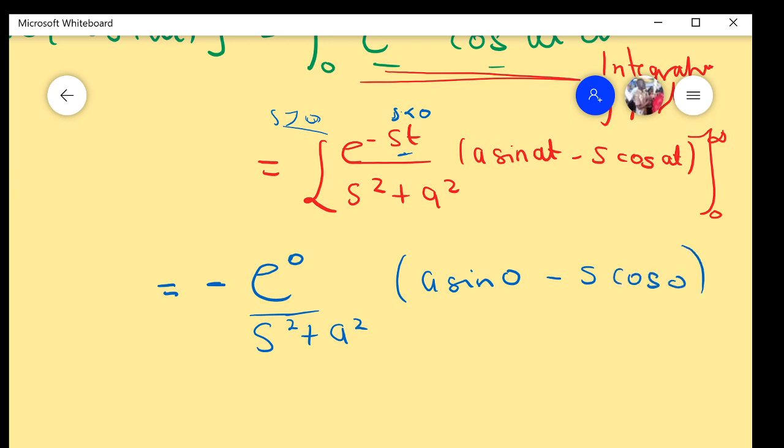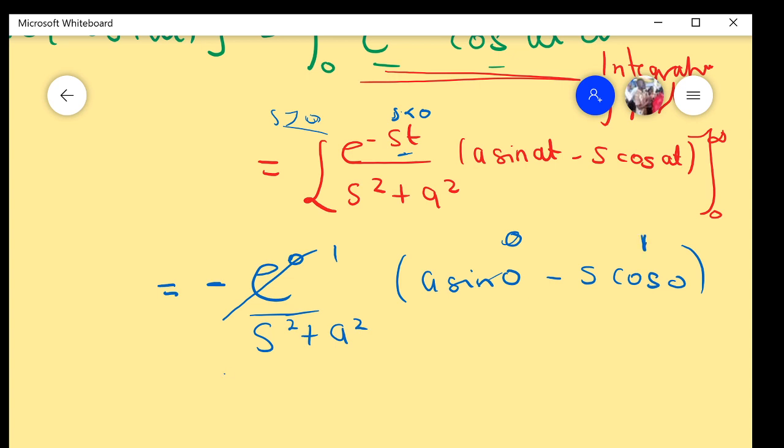Okay, so this is what I'm going to have. This we already know, any number raised to the power 0 is going to give us 1. So we already have 1 here, 1 here. This will also go towards 0, and this will also go towards 1.